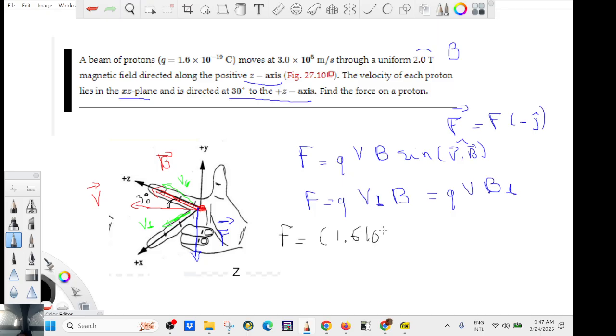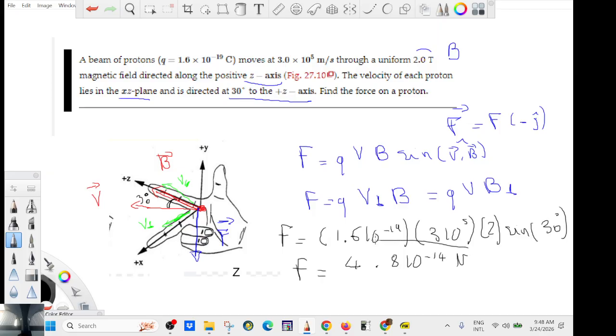So 1.6 times 10 to the negative 19, and then you have the velocity 3 times 10 to the 5, and then you have the magnetic field 2, and then that will be the sine of 30 degrees. So that's in magnitude. Magnitude is going to be 4.8 times 10 to the negative 14 Newton.